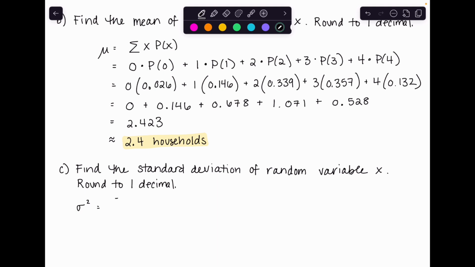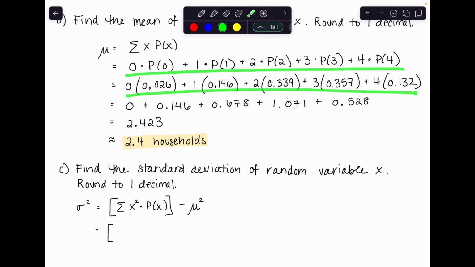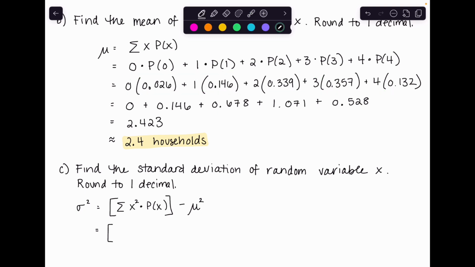And the easier way to find this is we really do the same formula for the mean, but change that to x squared. And then we subtract the mean squared. So again, I'm really going to copy all of this. The only thing that changes is those values in front become squares.